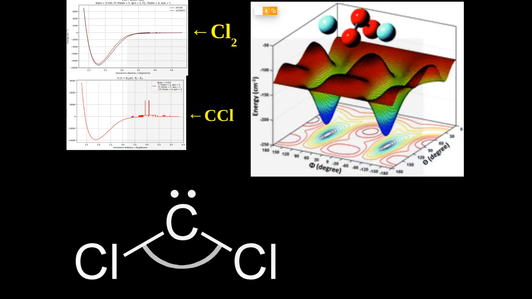Okay, and I just typed into Google Images, beautiful potential energy surface, and I found this diagram. This was one of the first ones that I found. I just love this image. Out of all the ones I found, I liked this one. It was the prettiest. And it happens to be by a co-author of mine by the name of Richard Dawes. I published a paper on the ozone molecule with him.